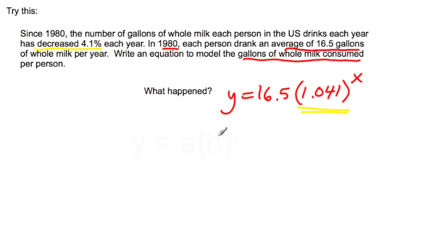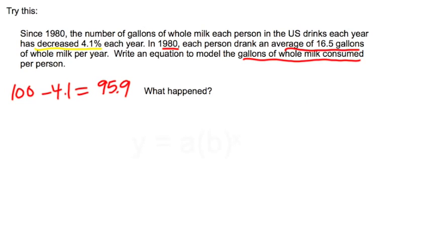Well, if I take 100% from the year before, and then I subtract 4.1%, then I'm left with 95.9%. So that means if we think back to our equation, y equals a times b to the x, remember that b now is a decay factor.